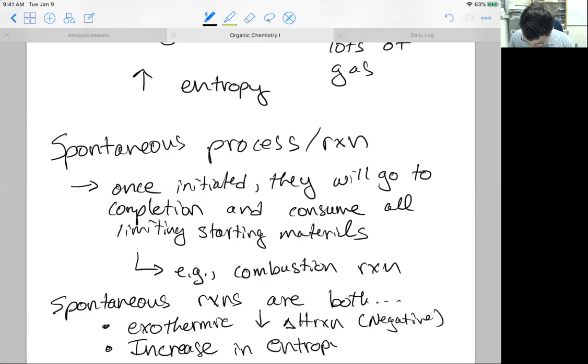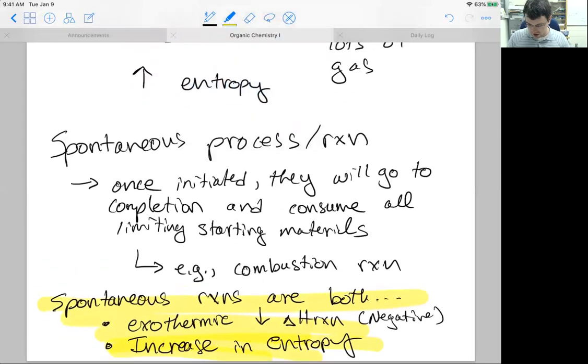So these are really good ideas to know, that when you've got a spontaneous reaction, it's some combination of being an exothermic process that leads to an increase in entropy.